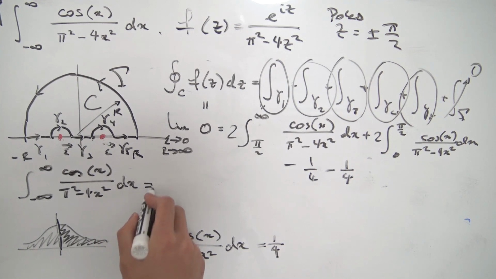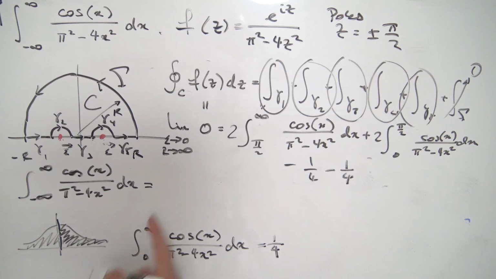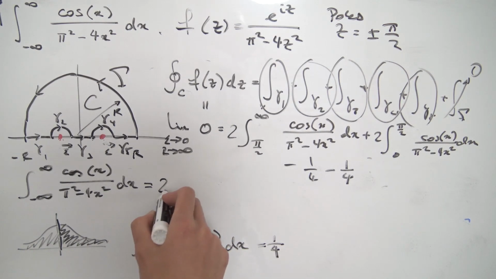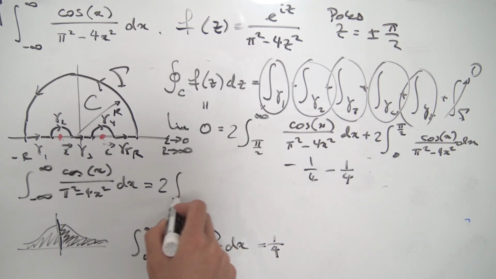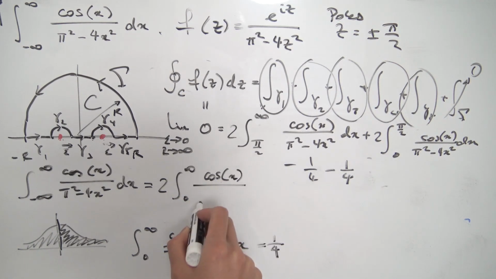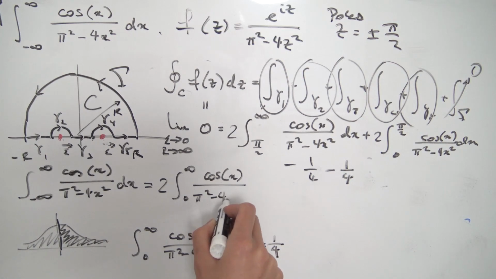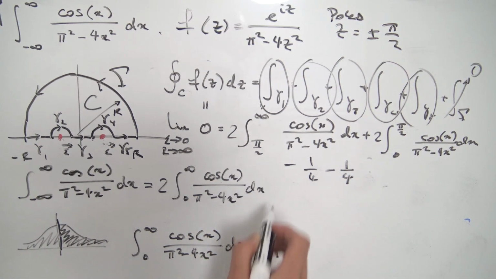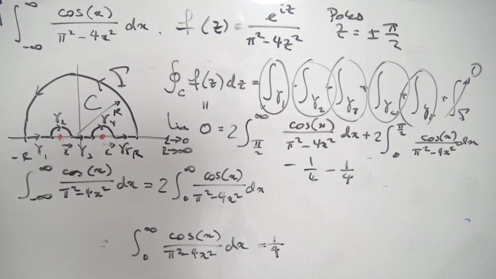So in fact, how this integral is related to this integral is that it's just off by a factor of 2. So this integral is really twice the integral from 0 to infinity of cosine of x over pi squared minus 4x squared dx. And well, we can go back a couple steps and take a look at what I wrote before. But in order to get this integral out here, just multiply both sides by 2.